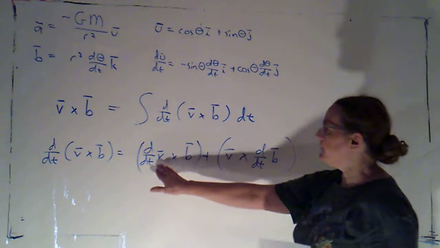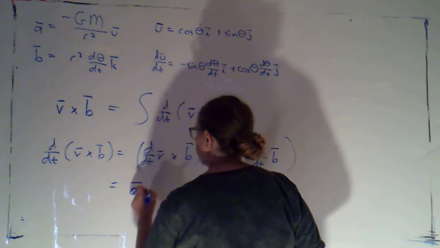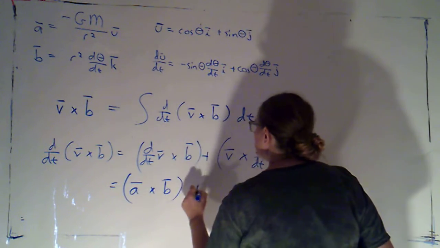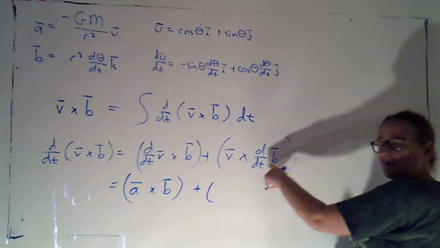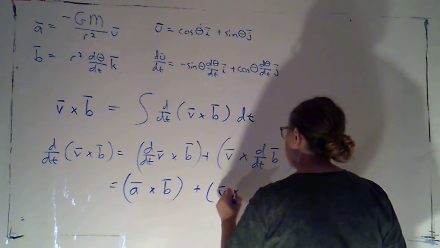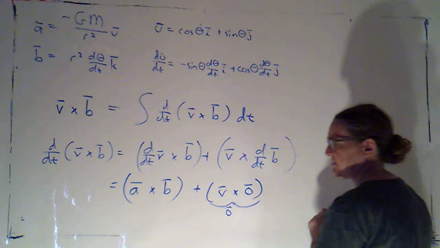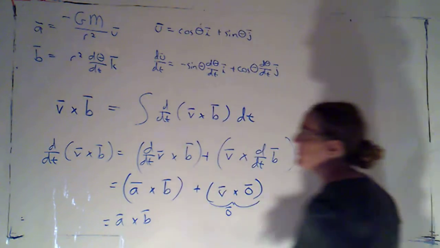Okay. Well, the derivative of velocity is just acceleration. So this first term is going to be a crossed with b. Plus this second term, well, b was constant. So the derivative of b is 0. So this is going to be v crossed with 0. And of course, that's just the 0 vector. So what I get is just a crossed with b.